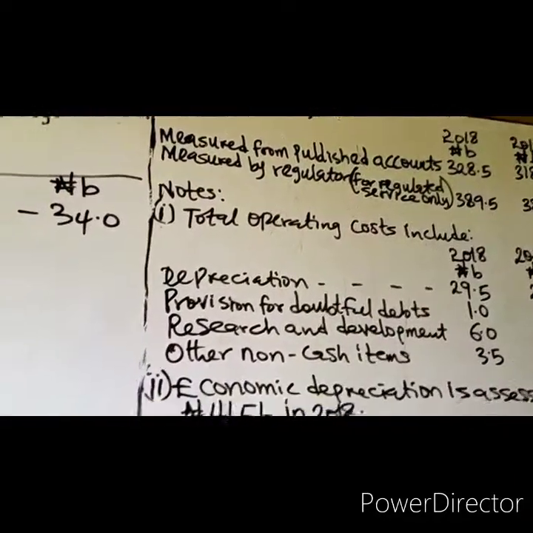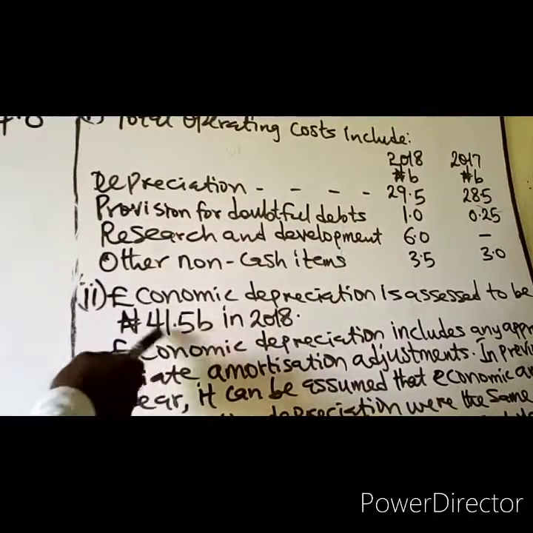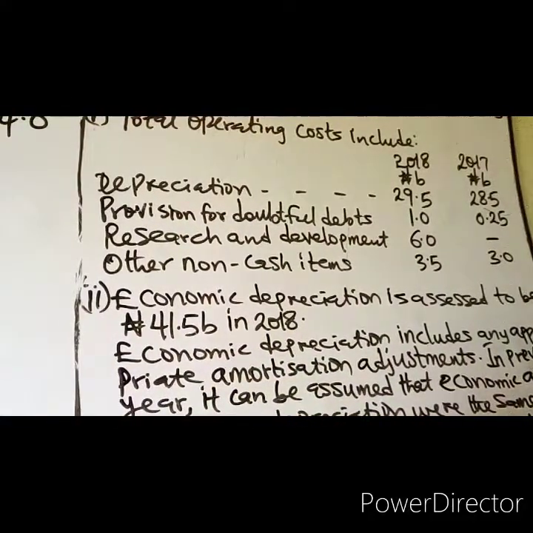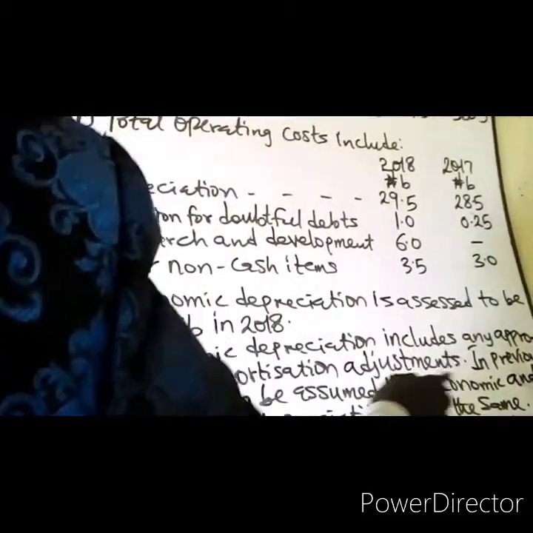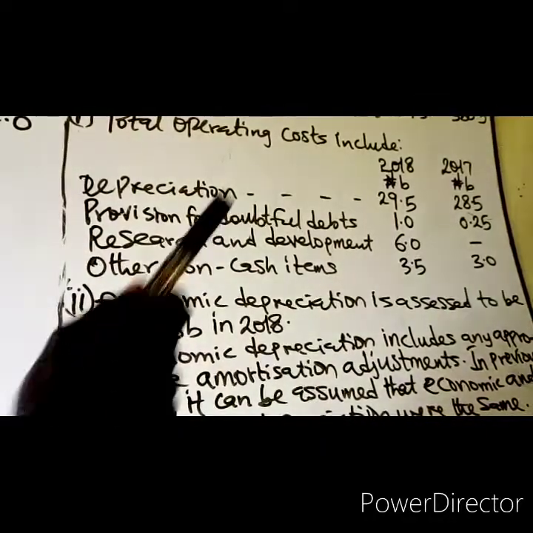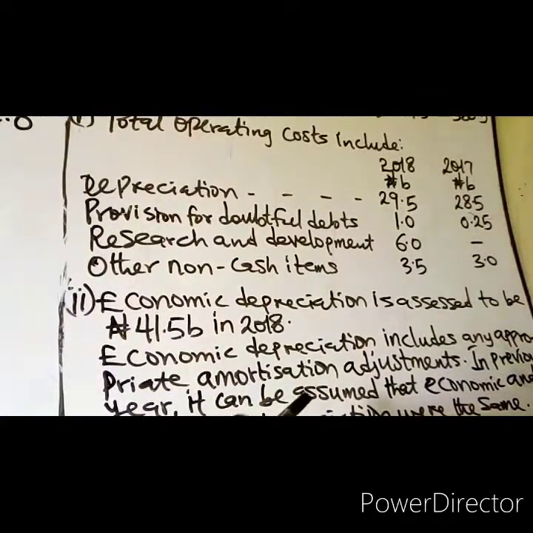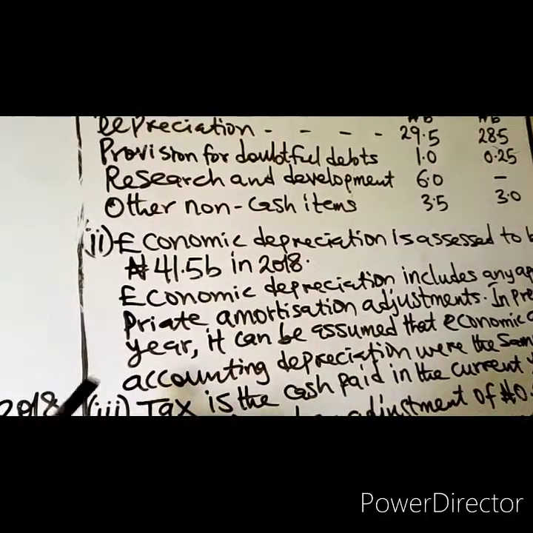Note 2. Economic depreciation is assessed to be 41.5 billion in 2018. This is economic depreciation, which should be subtracted. Economic depreciation includes any appropriate amortization adjustments. In previous years, it can be assumed that economic and accounting depreciation were the same. 3.